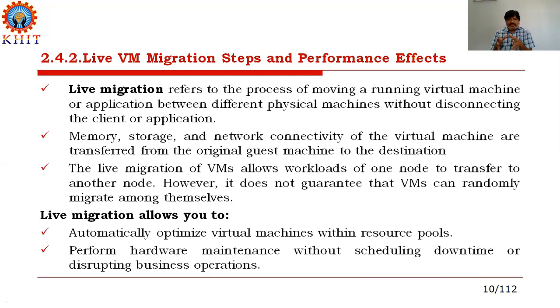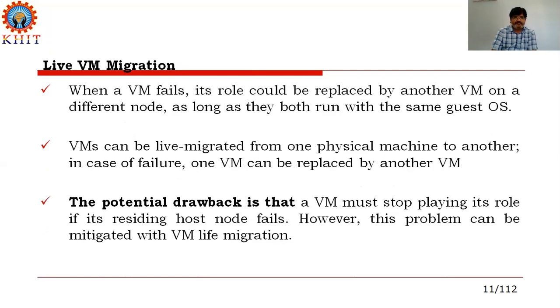We can pick the better one from a resource pool, that is called the optimizer. So always select the optimal virtual machine from a resource pool automatically. That can be one of the best examples of live migration. So live migration performs hardware maintenance without scheduling downtime or disruption of business operations.